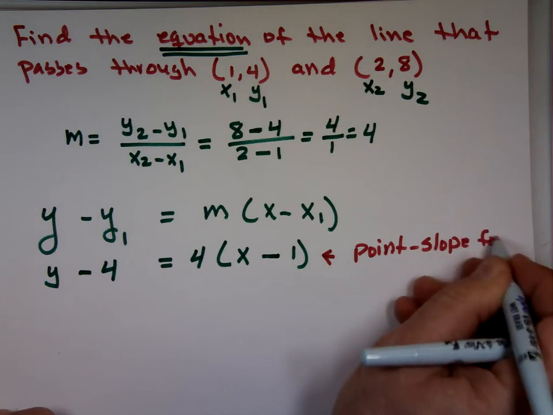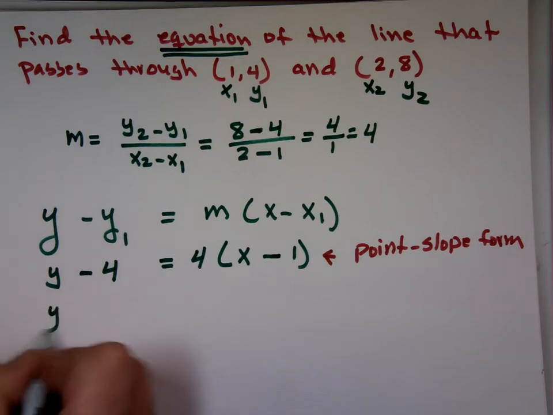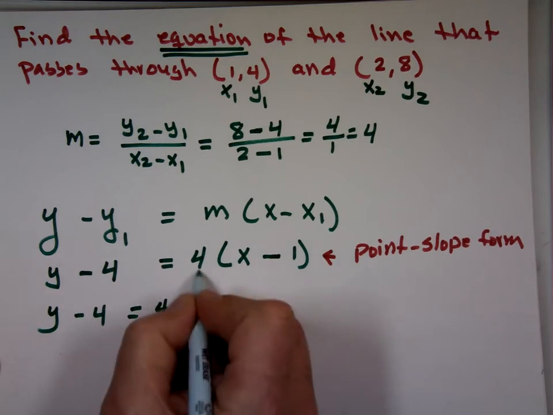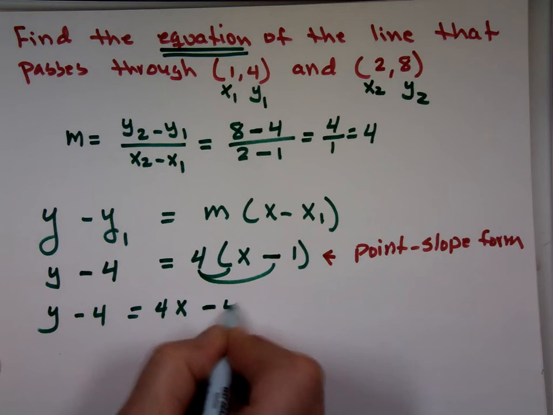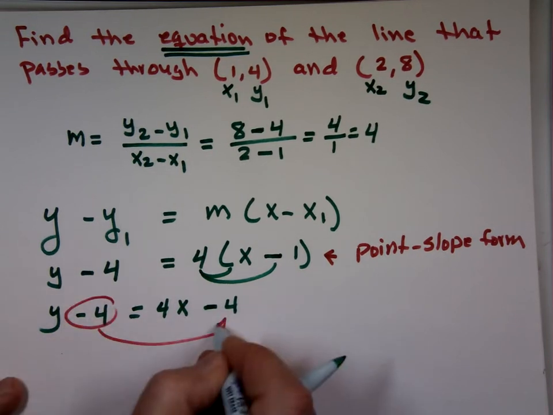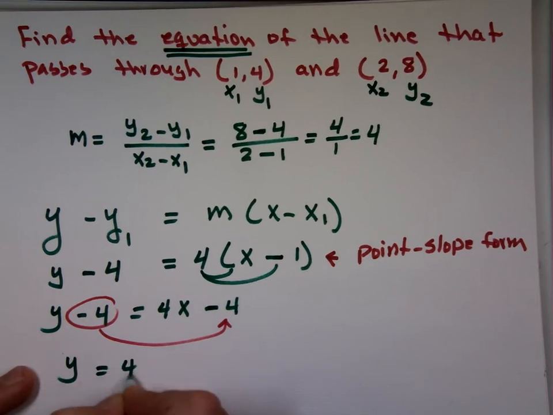That's the point slope form. If they say go beyond that and clean it, that's 4x when you distribute that, minus the 4. When you move the negative 4 to this side, what do you have? 4x minus 4 plus 4, which is 0.